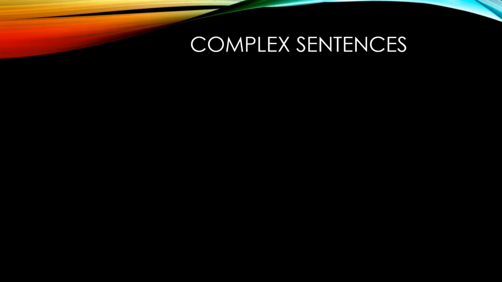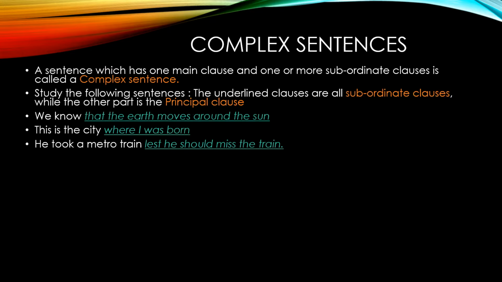Like that, if you look into the sentences, what are complex sentences? A sentence which has one main clause and one or more subordinate clauses is called a complex sentence. Subordinate means dependent clause. So when we look into the sentence, we know that the earth moves around the sun.